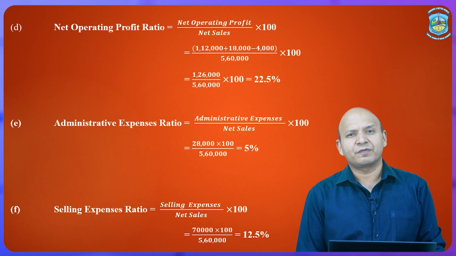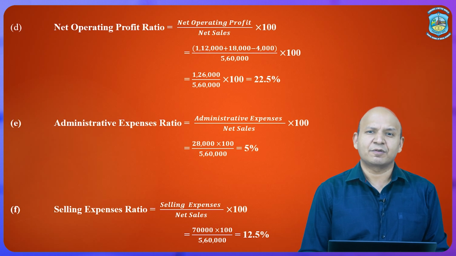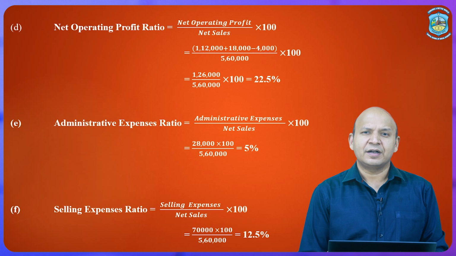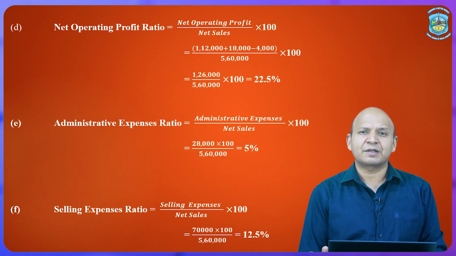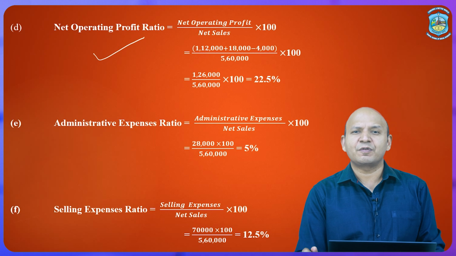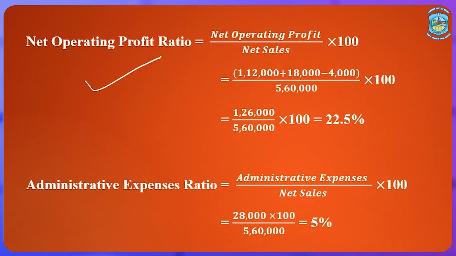D point is computation of net operating profit ratio. Net operating profit ratio is calculated with the help of the following formula, that is net operating profit divided by net sales multiplied by 100. So, we already discussed the formula of net operating profit. Net operating profit is equals to net profit plus non-operating expenses minus non-operating incomes. So, the amount of net profit was 1,12,000.